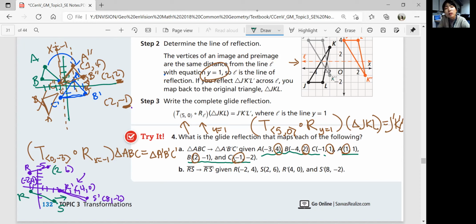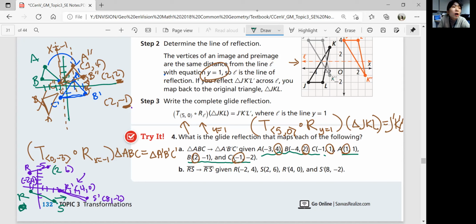Okay, so you need to reflect across a horizontal line. This one is a harder one. If you find the midpoints and figure out the slope and figure out your y-intercept, you should get a line.